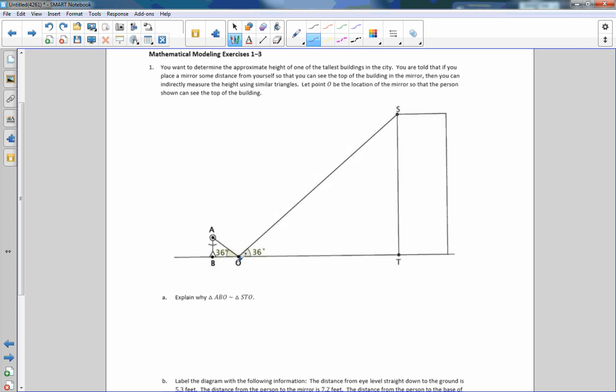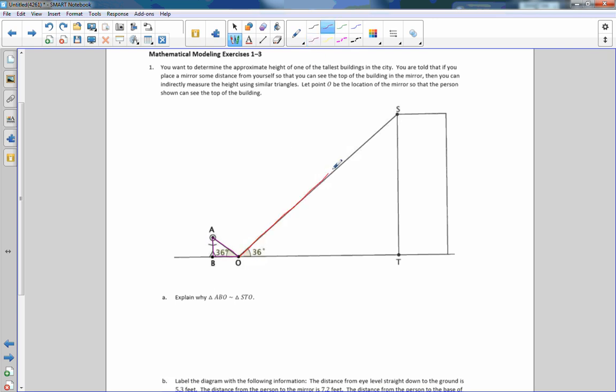So here's my mirror at O. So here's my eyes right here. One eye, I'm a cyclops, looking down at this mirror, reflecting up, and I'm able to see the point S, which is the top left corner of the building, just like the diagrams, the question stated. Okay, so we're using similar triangles. So I have a triangle here formed by this person and there's the mirror and their line of sight. I have a second triangle here.